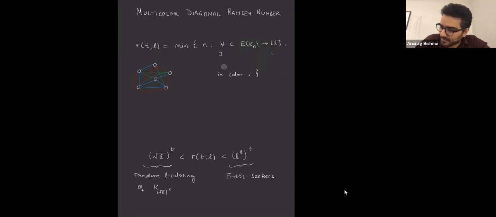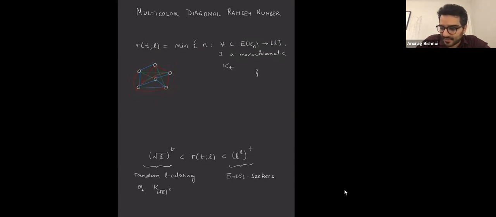This is much simpler right now because we only have one parameter t. So there exists a monochromatic clique of size t. So for example, here we have 6 vertices, so we have K6, and we have colored the edges using 3 colors.